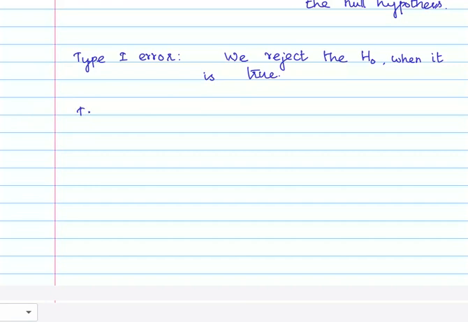What is the type 2 error? It is the other error: we do not reject the H naught when it is actually false.